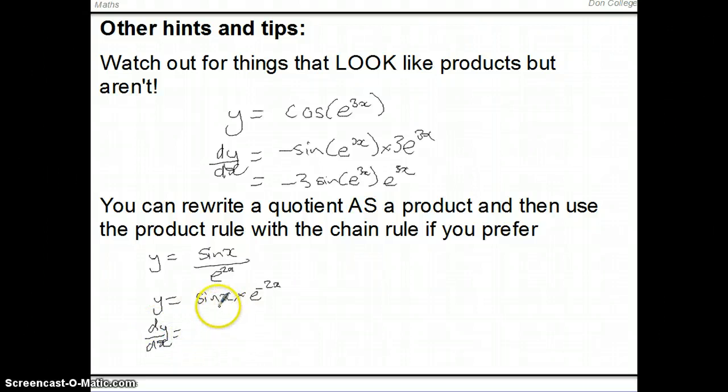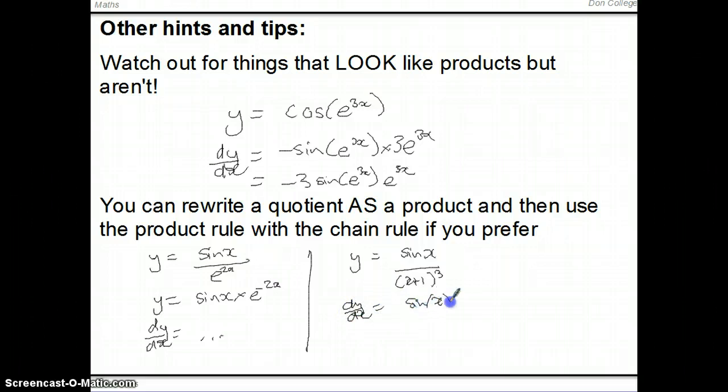Let u equal sine x, let v equal e to the minus 2x. Another one where you would have to use the chain rule might be something like sine x over x plus 1 cubed, and in that case you would use the chain rule on that part when you use the product rule.